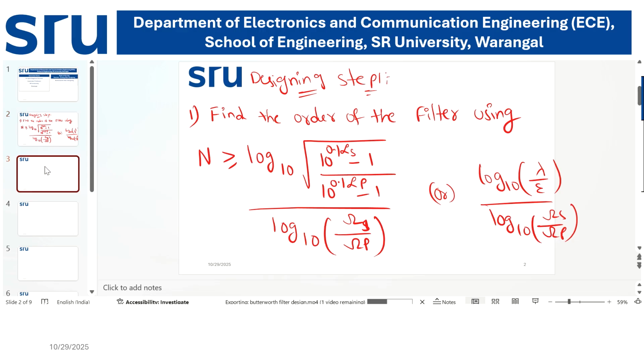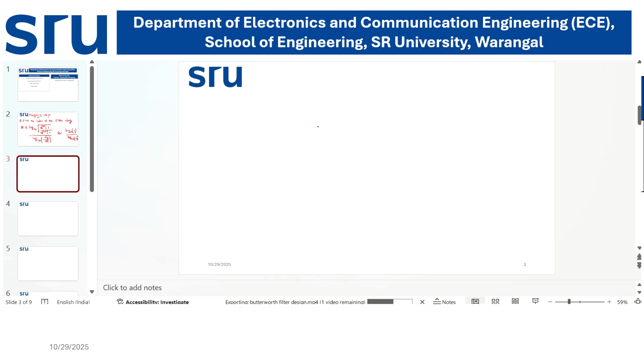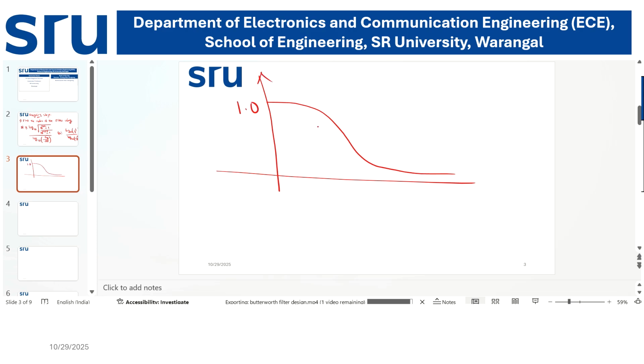Suppose the given characteristics are the frequency characteristics of a low pass filter. Suppose it is given with 1 as the magnitude of H of omega, and this is omega. Here we have the passband attenuation, the passband frequency, and here the stop band attenuation.